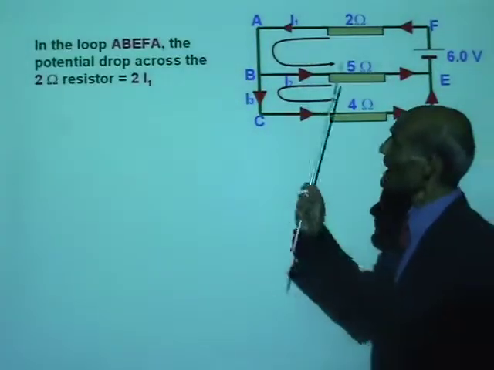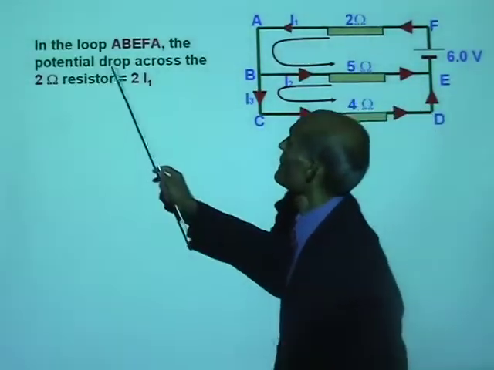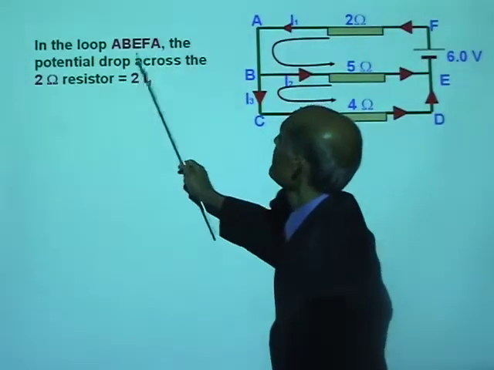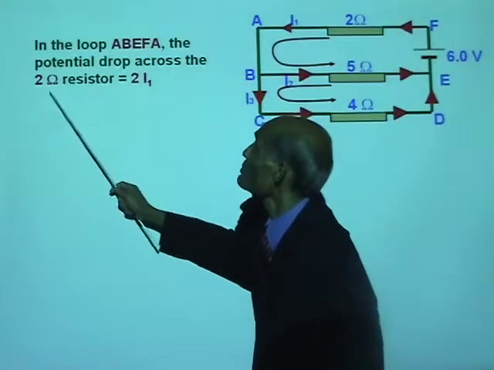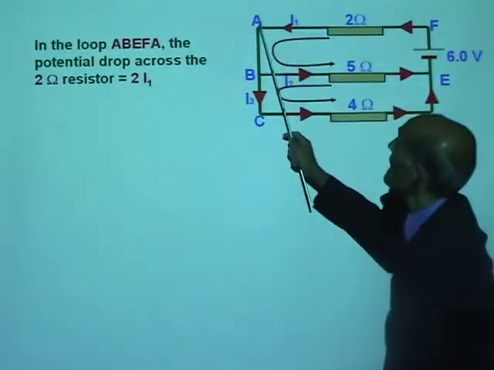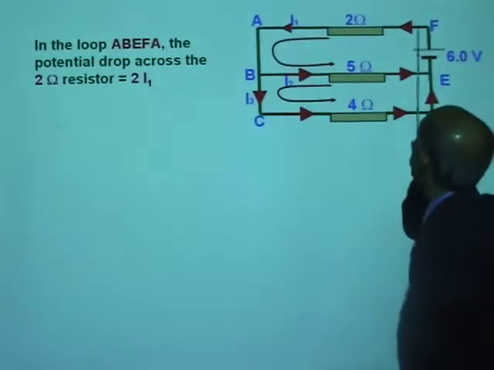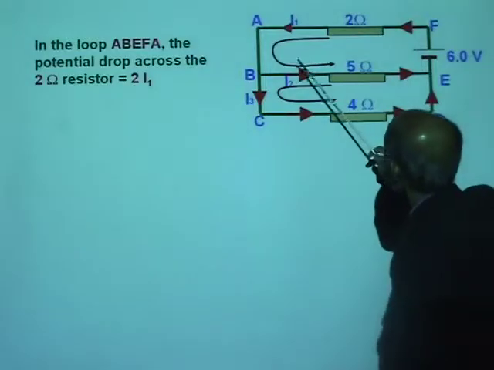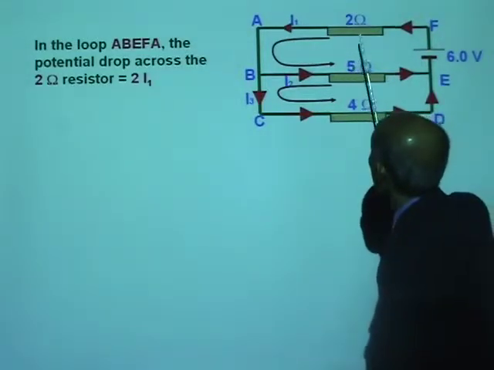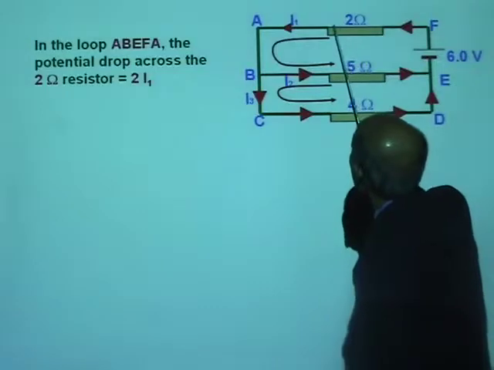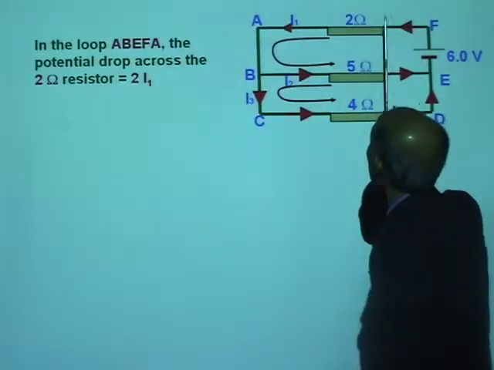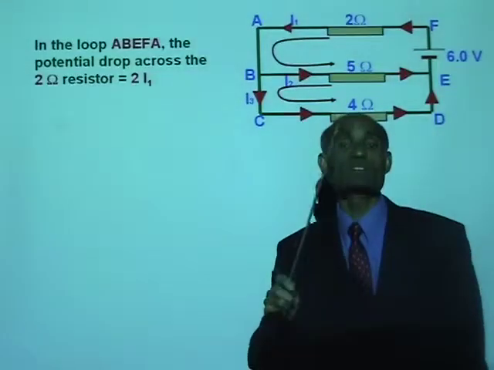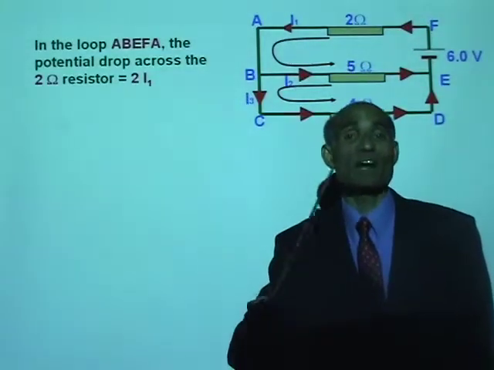Okay, let's practice this with an example. Now, in the loop A, B, E, F, A, the potential drop across the 2 ohm resistor: the loop is traced out in the same direction as the current. So the potential drop in the 2 ohm resistor is 2I1. Potential drop is Ri, resistance times the current.